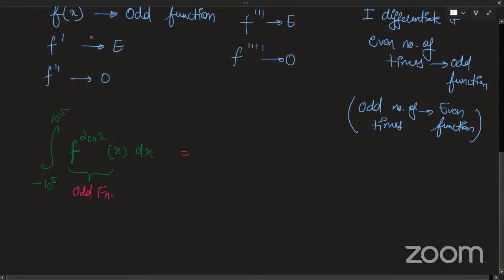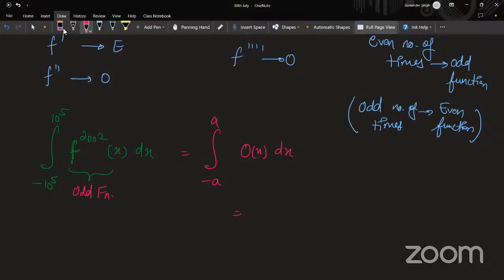So tell me, I have an odd function being integrated from minus a to a. What is the integral of an odd function from minus a to a, where a is any real constant?